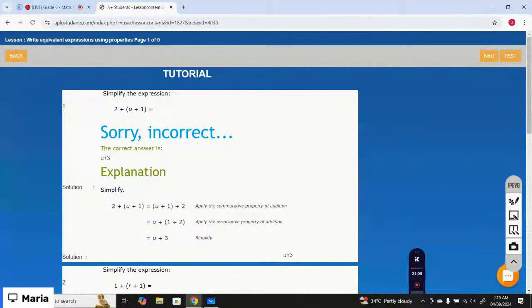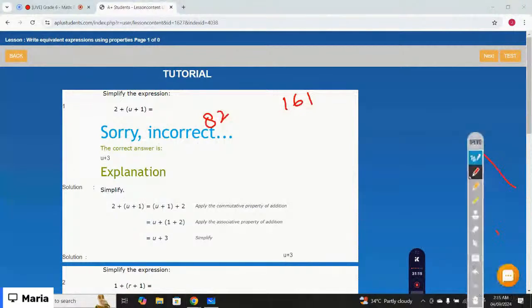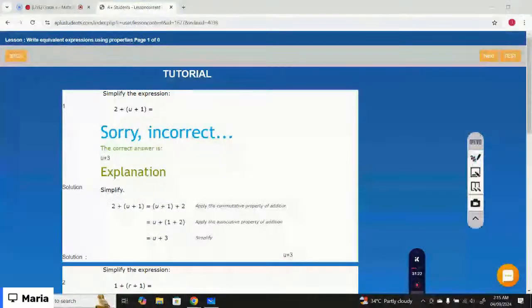U plus 1 plus 2. You have to use the properties of addition. Simply add them, that is u plus 3, right? Let's just start with the test questions.